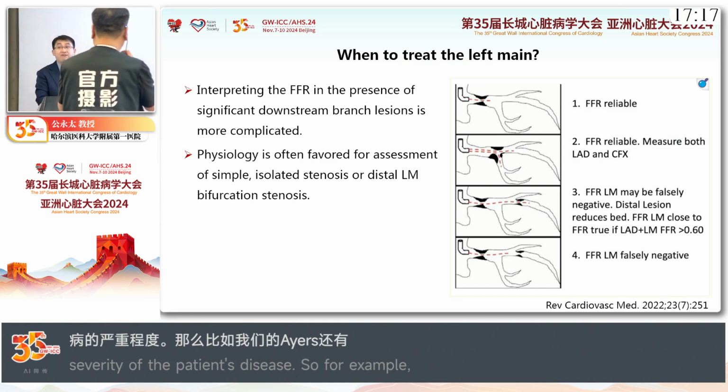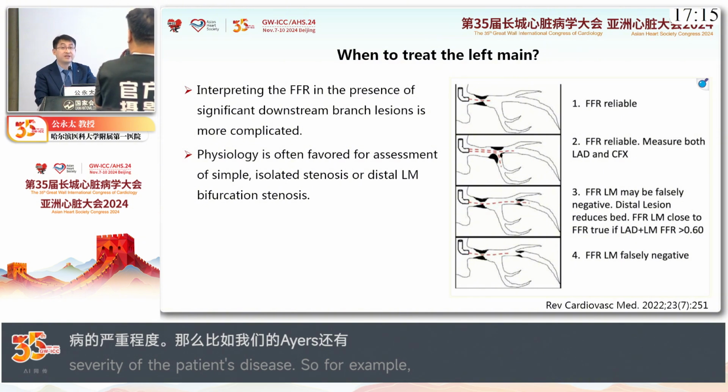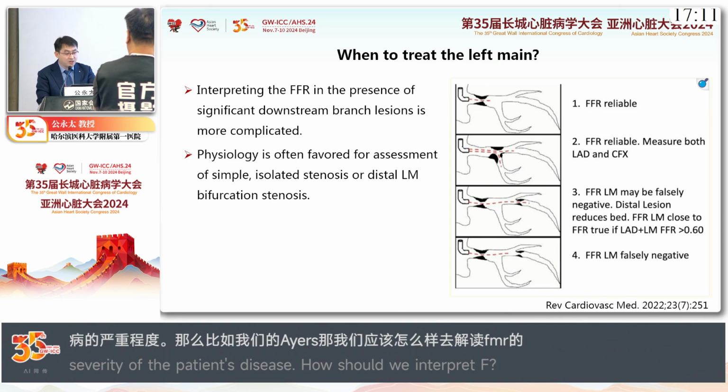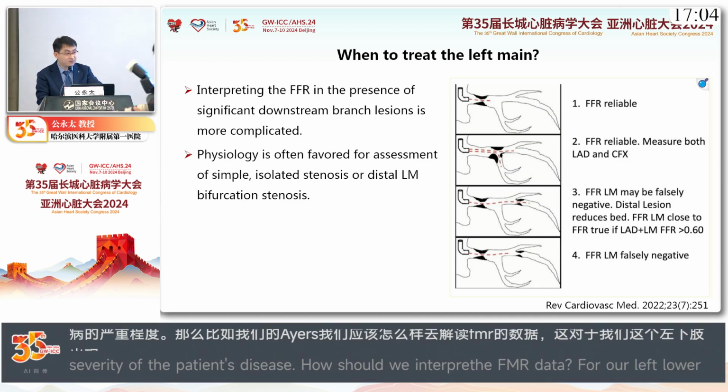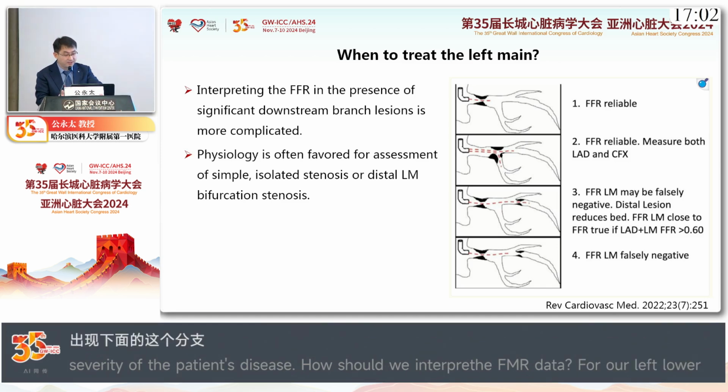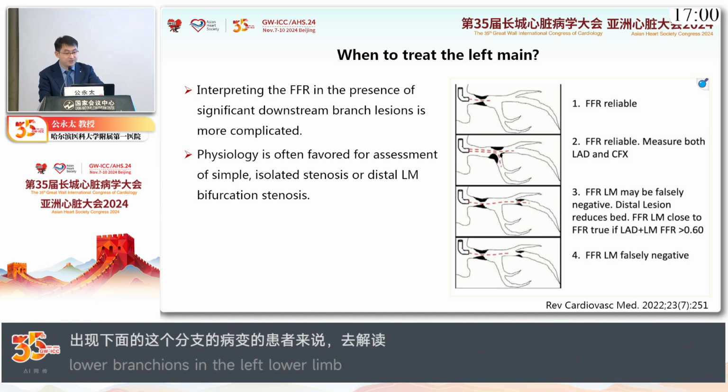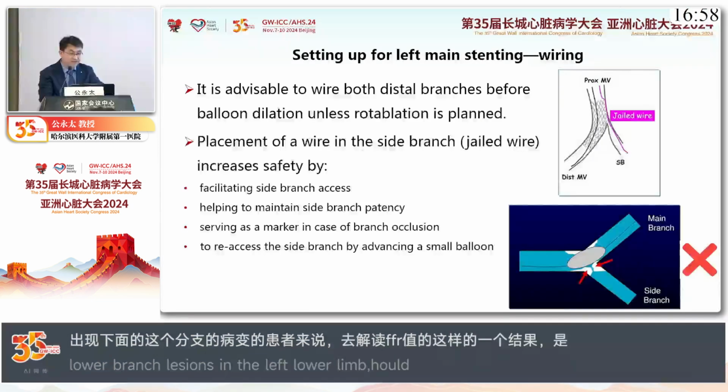Interpreting the FFR in the presence of significant downstream branch lesions is very complicated. So, physiology is often favored for assessment of simple, isolated, or distal left main bifurcation stenosis.